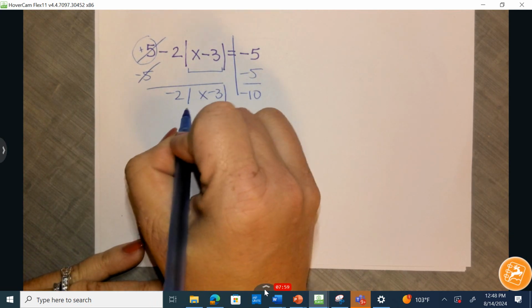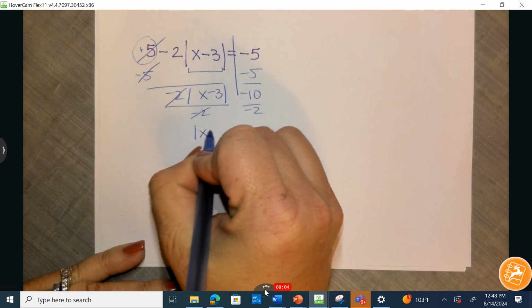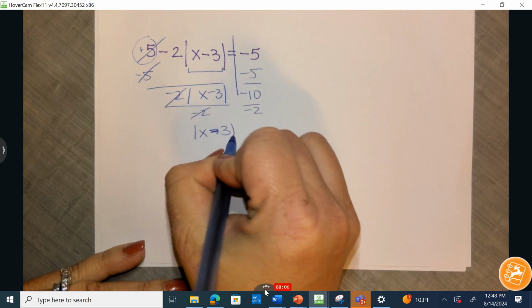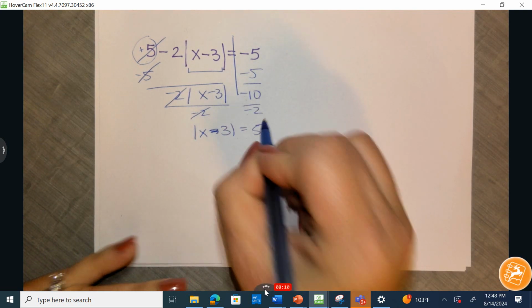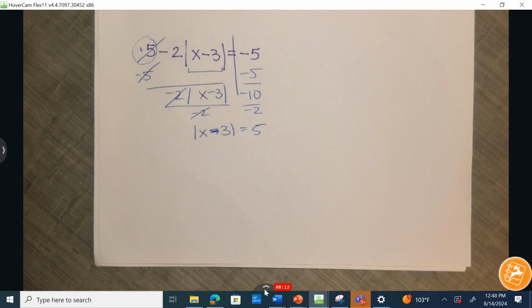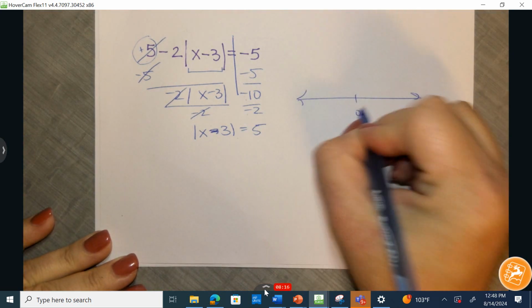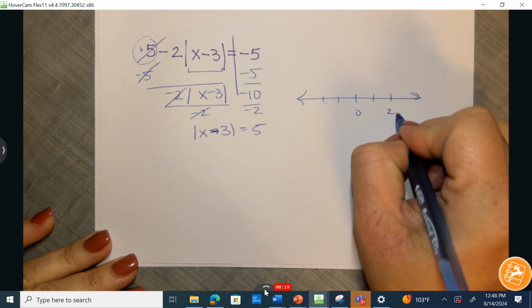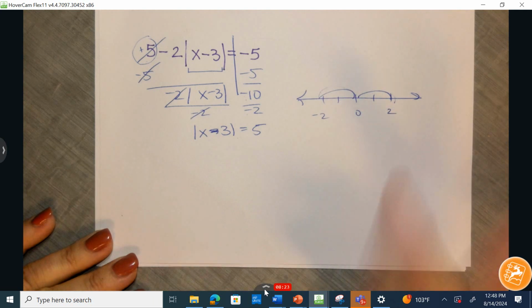Opposite of multiplying is dividing. Negative 10 divided by negative 2, 2 negatives make a positive. Now here's the thing, if you remember from last week, absolute value gives us 2 answers. Remember, absolute value is the distance from 0. So for instance, there's 2 numbers that are a distance from 0, both positive 2 and negative 2. So 2 answers.